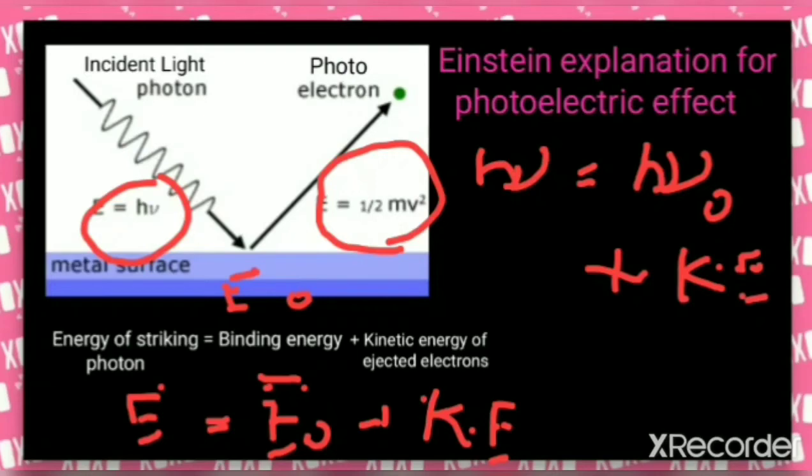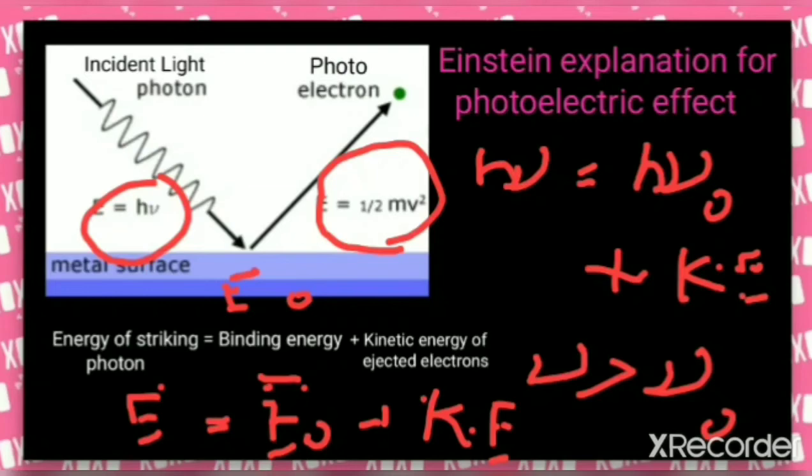So here nu naught is the threshold frequency. If the energy of the incident light is greater than the energy required for ejection, then only the ejection takes place. That means if nu is greater than nu naught, then only the ejection takes place. Otherwise the ejection does not take place. That's why ejection takes place only when a light of suitable frequency strikes it.